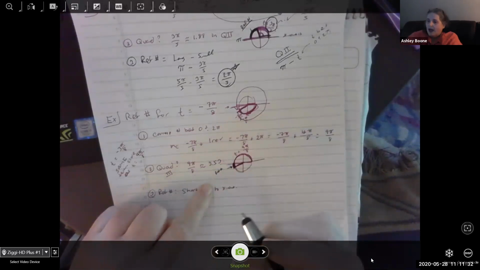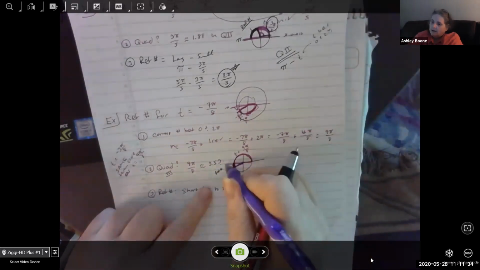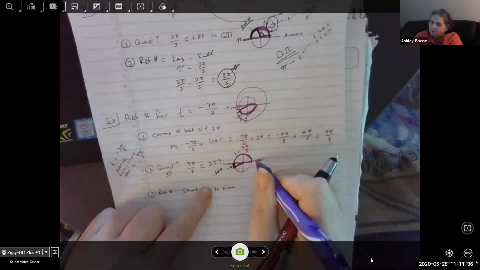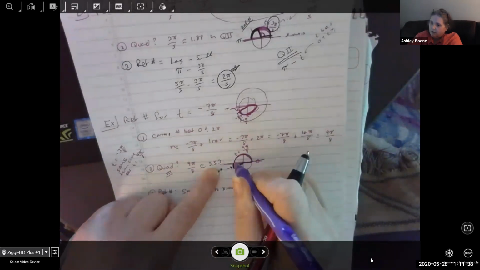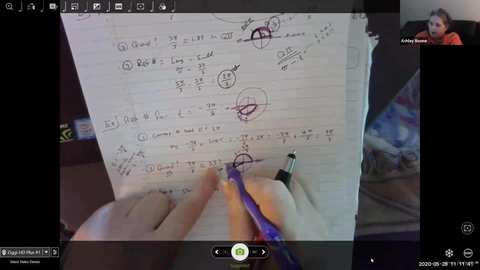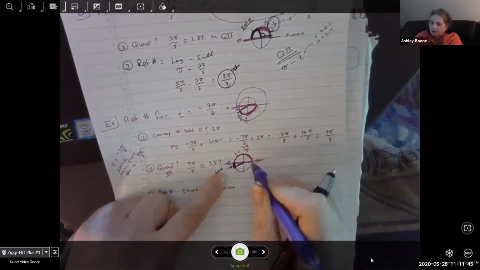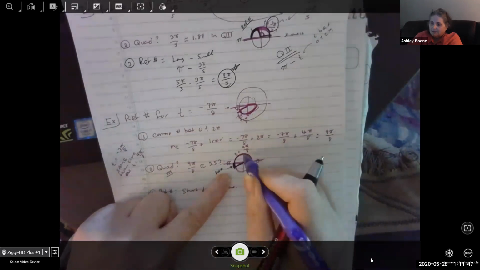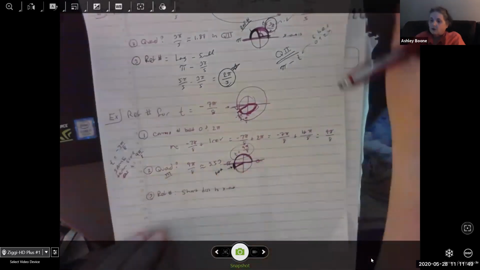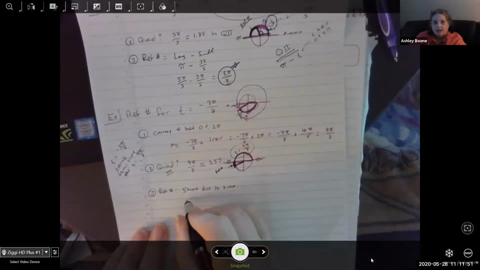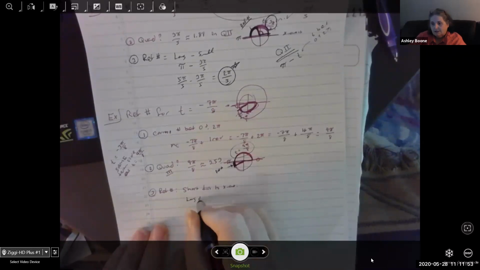Well, think about how we can get that. We know that starting at 0, if we go to the other side of the x-axis, that's pi. We know that our larger distance is 9 pi over 8. So to get your reference number, take the larger distance minus the smaller.